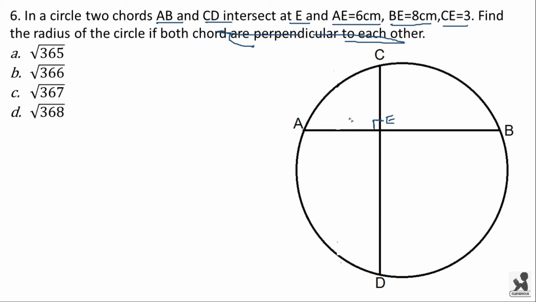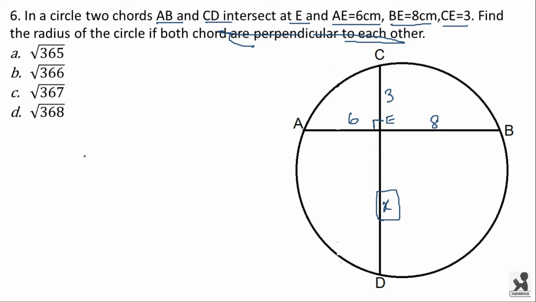The length of AE is 6, the length of BE is 8, the length of CE is 3, and the length of ED is unknown for us. If we find the length of ED, let us assume it to be x, then we can find the radius of the circle.